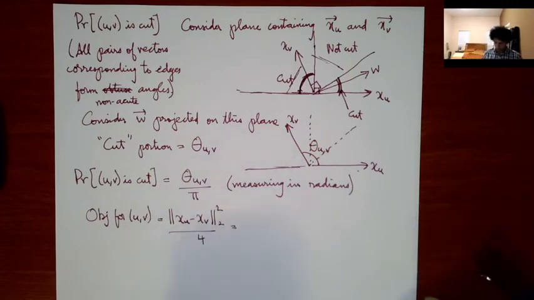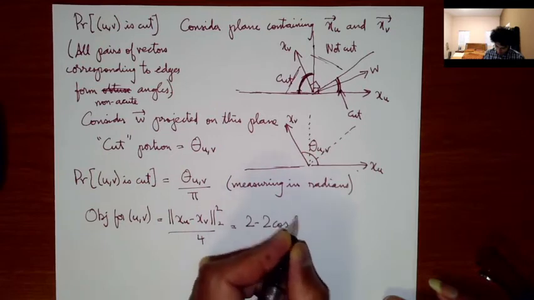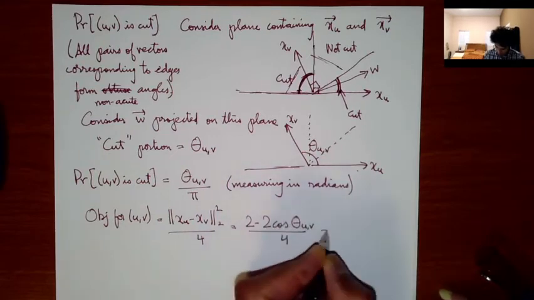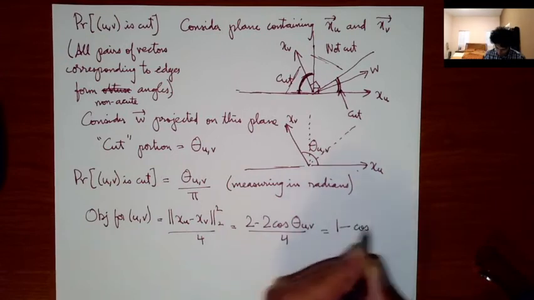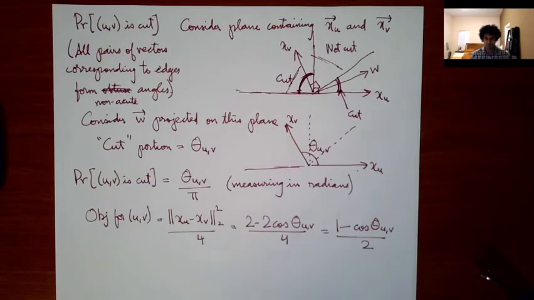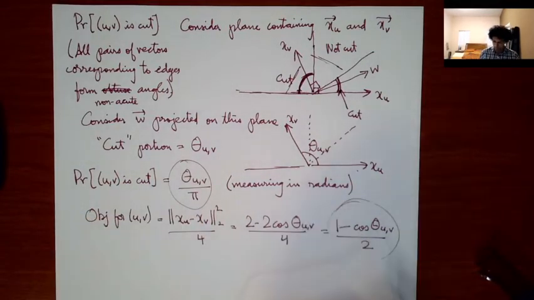Using our basic trigonometric facts, this is 1 minus the cosine of theta UV divided by 2. So this is the probability that it's cut, and this is what you get from the objective.